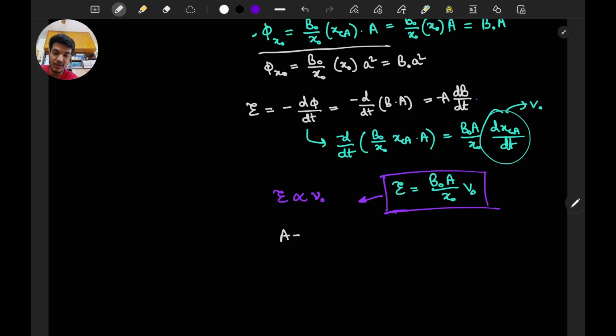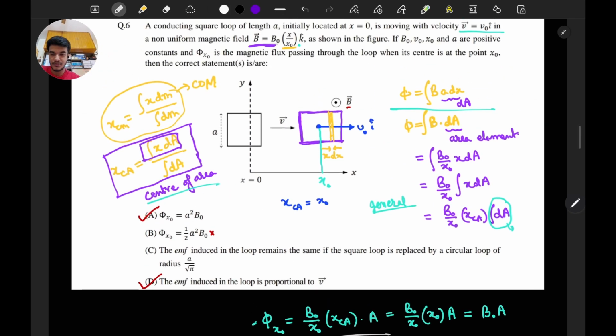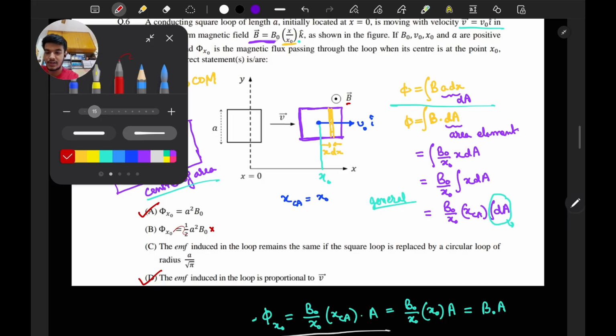For the circle, the area is pi r square, and r is a by root pi, so the area is a square only. So the EMF of the square loop would be the same as the EMF of the circular loop, because the area is the same, which is a square. So this option is also right.